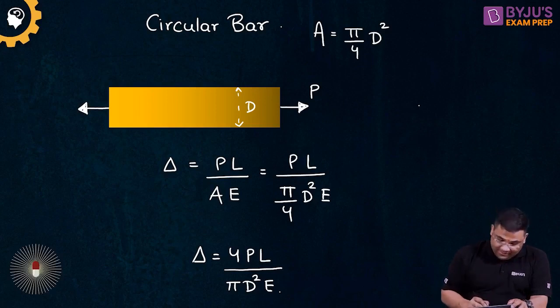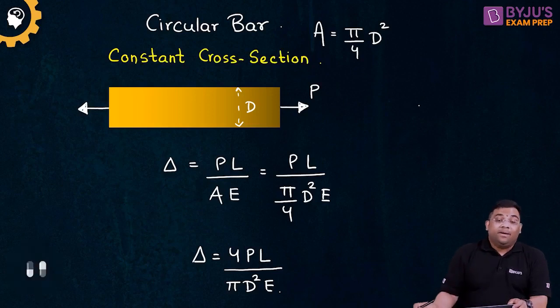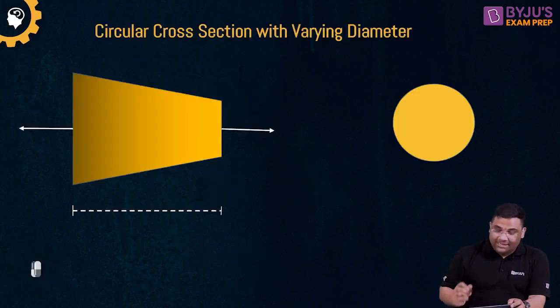Now you see, this circular bar has a constant cross section, which means the diameter is uniform throughout the length. But if the diameter is changing, then I will call that a tapered bar, and it will look something like this.